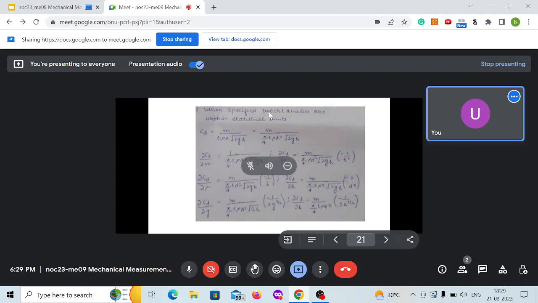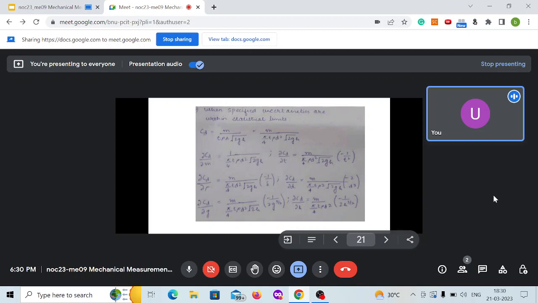Next, when you differentiate with respect to time, it becomes m by pi by 4 rho d square root of 2gh. Time is 1 by t, so the derivative of that is minus 1 by t square. Then with respect to rho, you have m by pi by 4 t d square root of 2gh, which will be minus 1 by rho square.